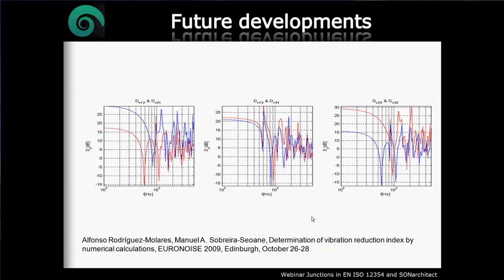So most of the uncertainty that we can see in the one-third octave band values of the prediction per EN 12354 is due to these variations in the vibration reduction indexes. And there is still a lot of work to do just to reduce this uncertainty and to get more precise results. So well, thank you for your attention.